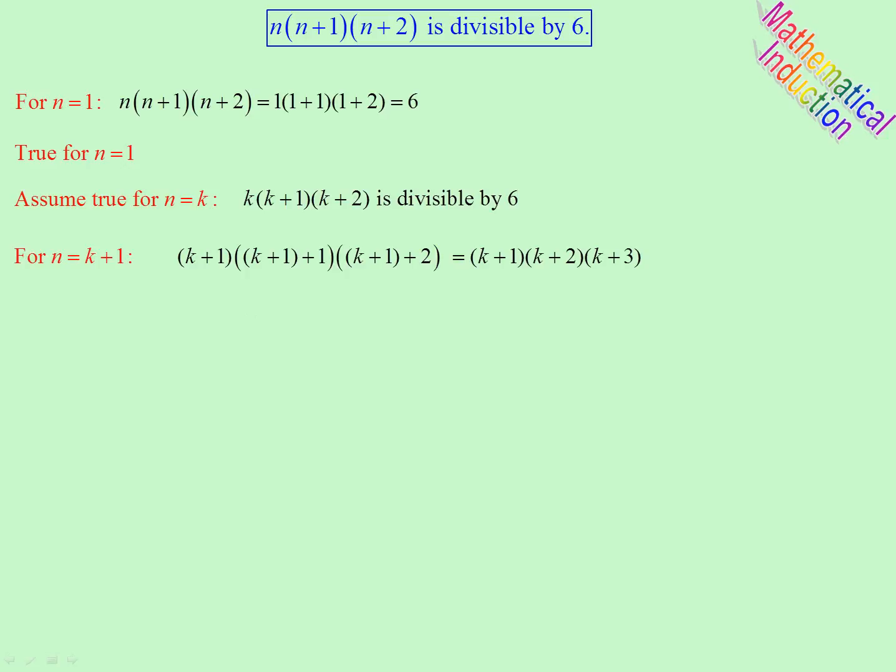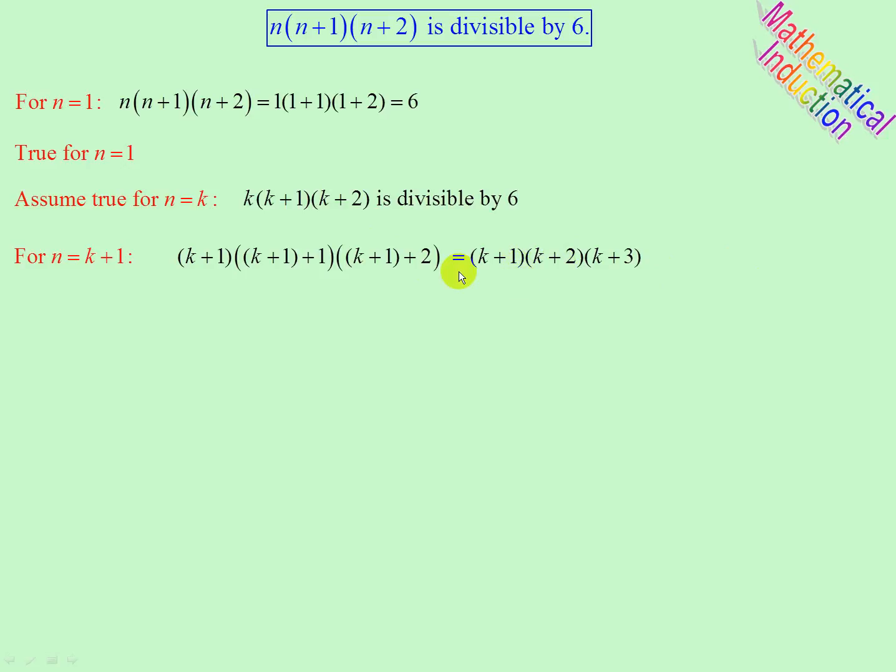Now, I need to try to get that and separate the rest out. Remember, that's what we did. I need to try to get that out of this and separate the rest out, because then that is divisible by 6, and hopefully whatever the rest is separately we can prove divisible by 6, because that is divisible by 6. So we have our k plus 1, we have our k plus 2.